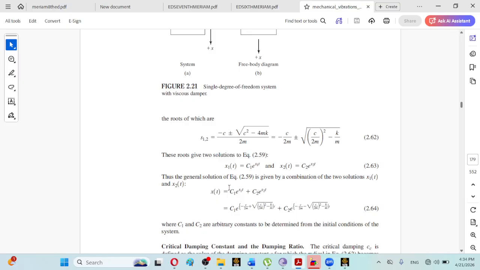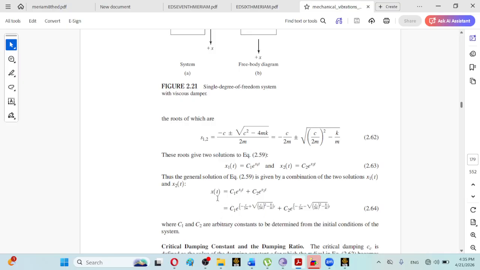This is the linearity or superposition principle: their simple addition, without any other mathematical operation, also satisfies the original governing equation m x double dot plus c x dot plus k x is equal to 0.